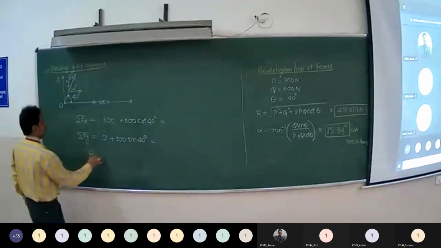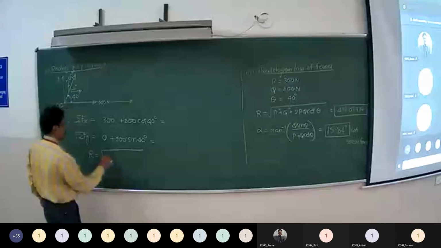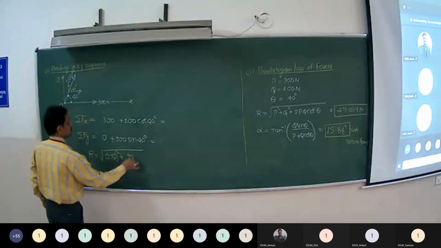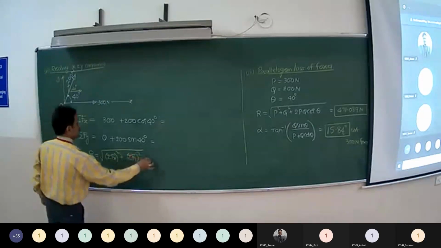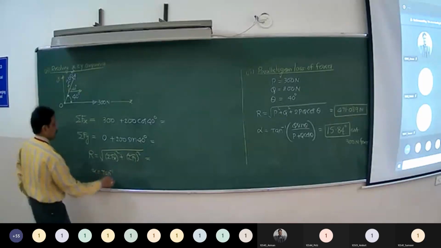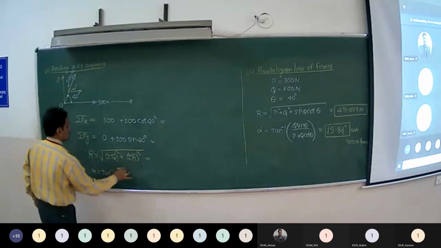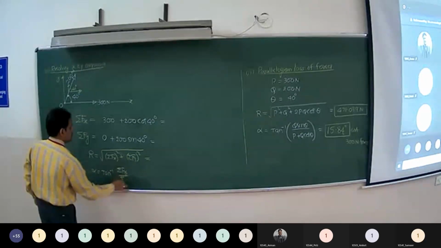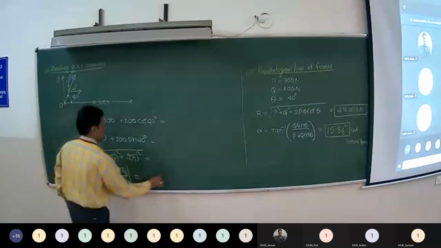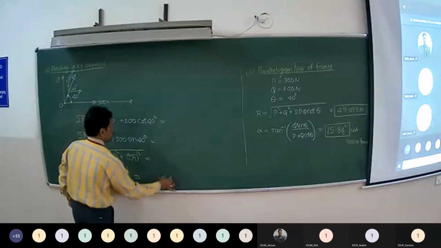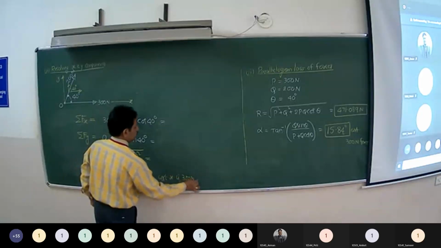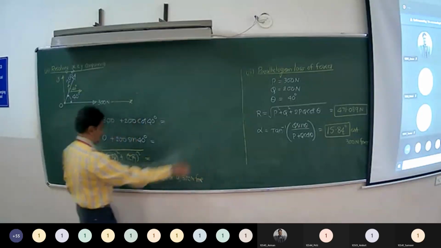Then you get magnitude of resultant, square root of summation Fx square plus summation Fy square. Direction of resultant, tan inverse summation Fy upon summation Fx. This is with respect to x. That means with respect to 300 Newton force.